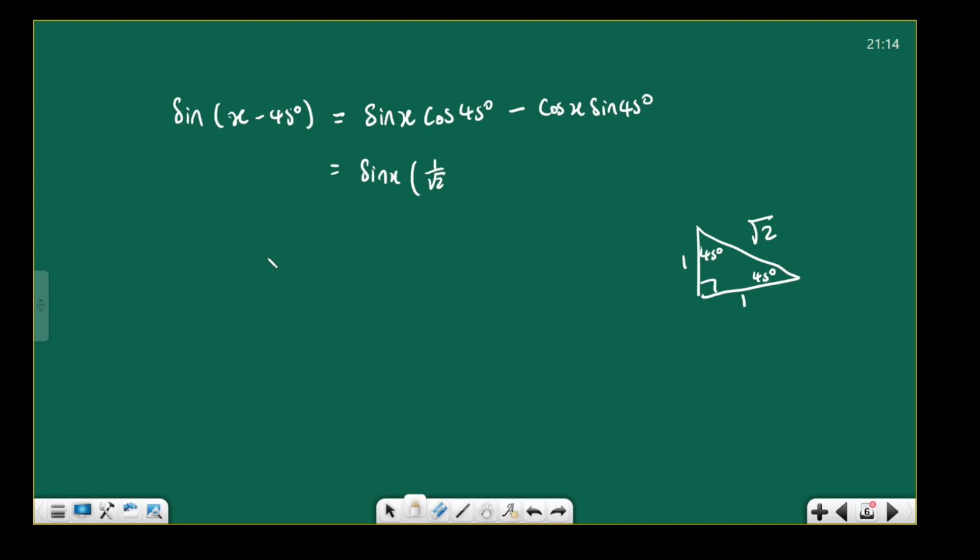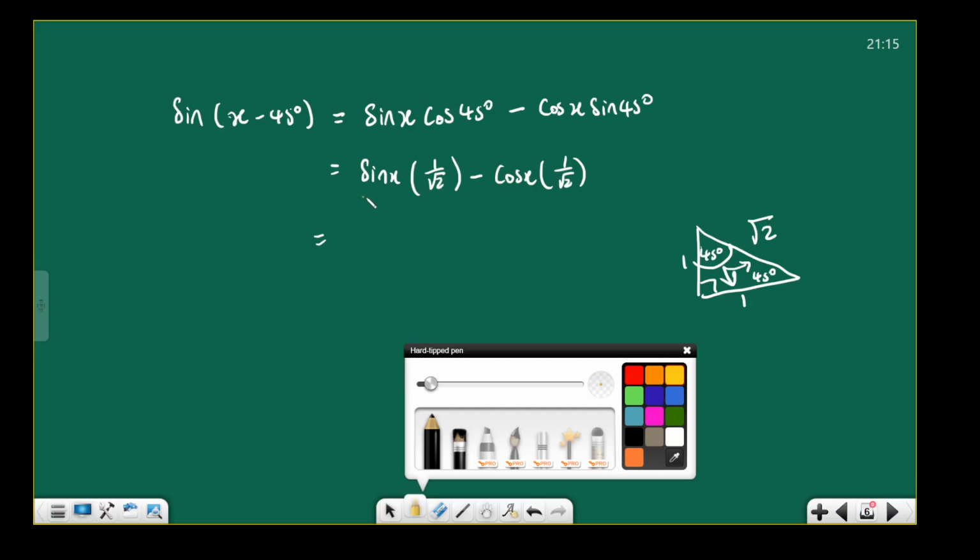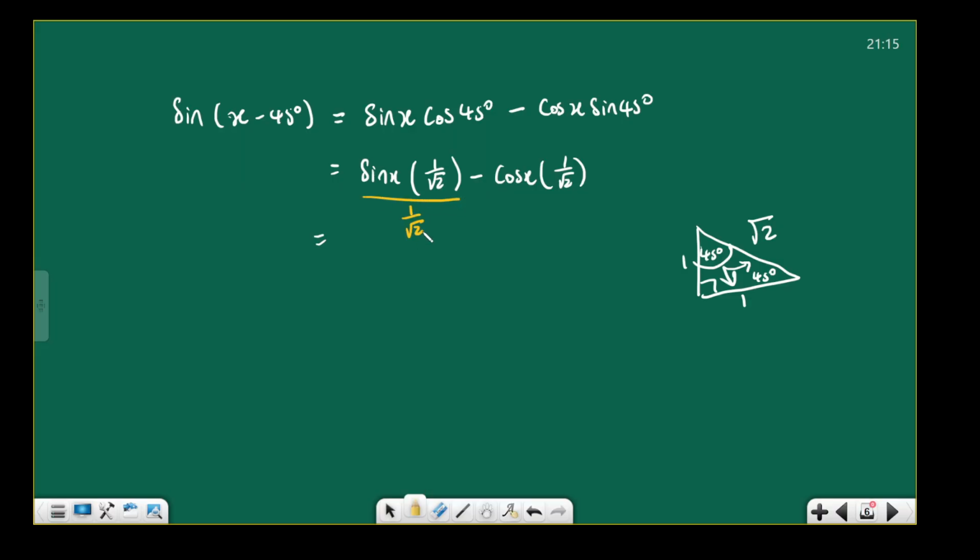We want to make sure that you write it as 1 over root 2, and then here you have cos x, and then the sine 45, this is 45, opposite is 1, hypotenuse is root 2, so you're gonna have 1 over root 2 there. Then you want to take 1 over root 2 as a common factor there. For you to do that, you divide by 1 over root 2, you divide by 1 over root 2, then outside, please do not forget, outside you write the 1 over root 2.